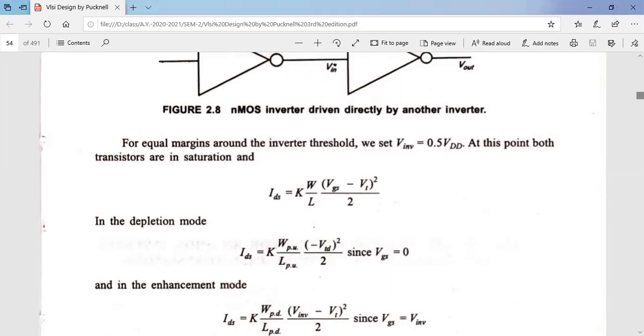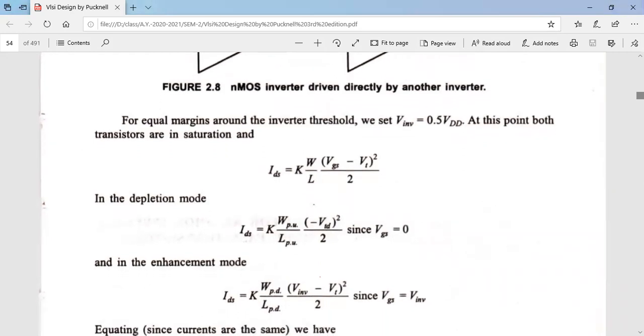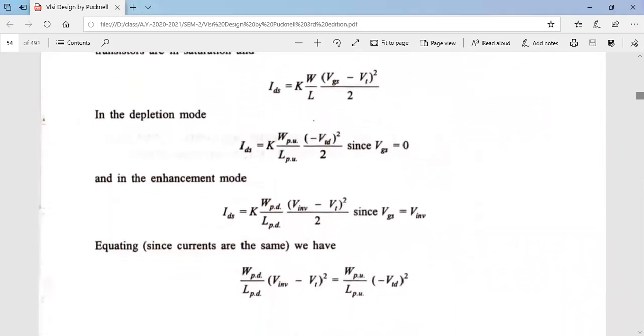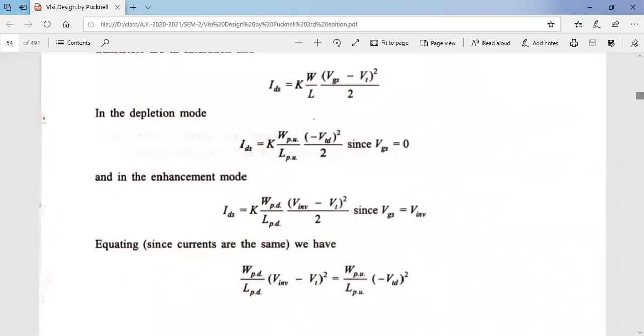So you can see here, we have seen the transfer characteristics and you know the IDS relation. IDS is equal to K times the width to length ratio multiplied by (VGS minus VT) whole square by 2. The depletion mode transistor is nothing but the pull-up transistor, so that is WPU by LPU.